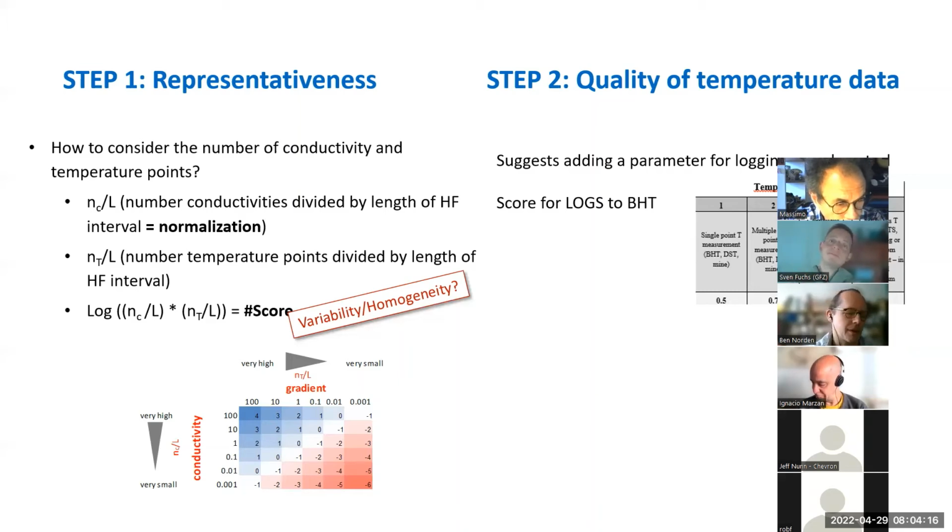So I was just wondering if we really need 4 additional columns for the overall ranking of our heat flow.